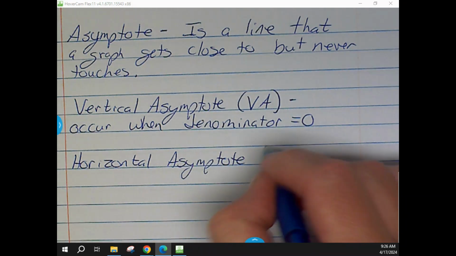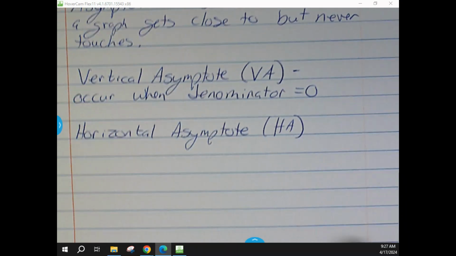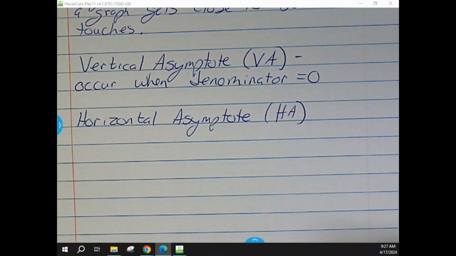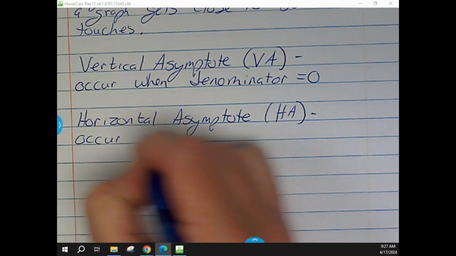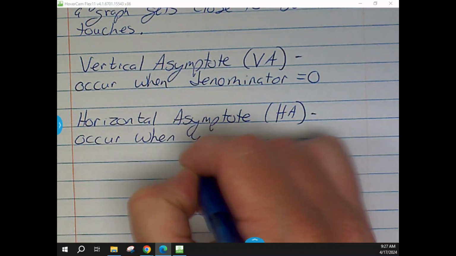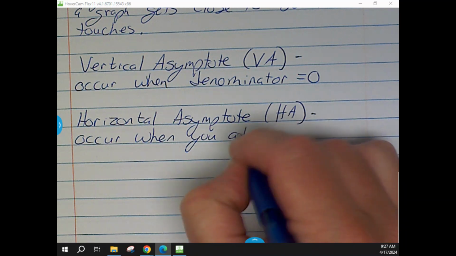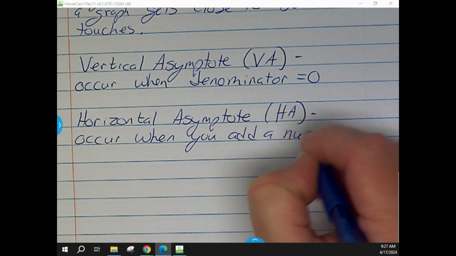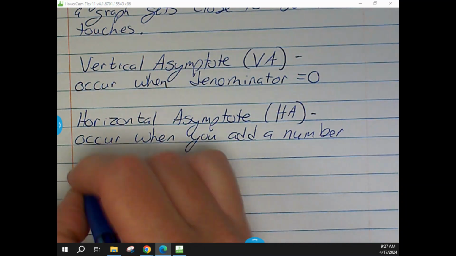Okay, and your horizontal asymptote, which we'll call HA for short, is going to occur when you add a number outside the fraction.